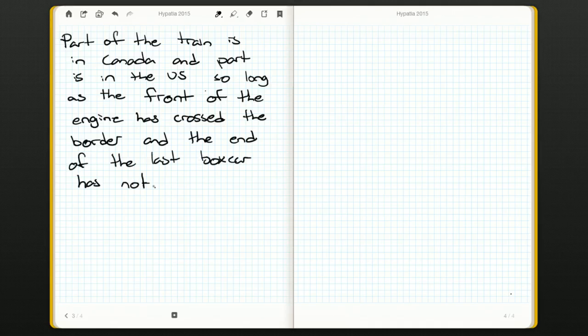Okay. So as long as the front of the engine has crossed the border, at least some part of the train is in the U.S. And if the very end of the last boxcar has not crossed the border, then at least some part of the train is in Canada.